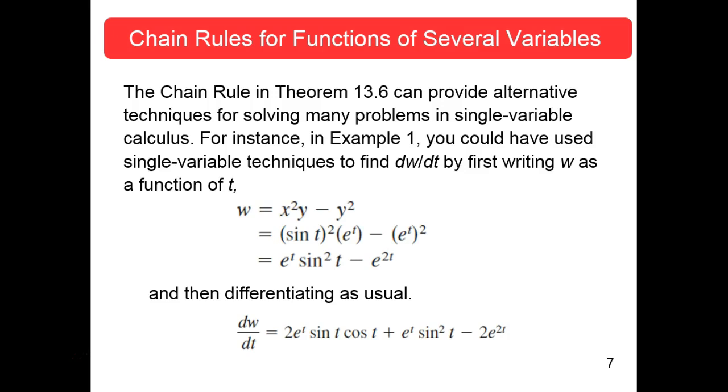So sometimes you can't, but sometimes you can write all of, for instance, this is w, a function of x and y, but x and y are both functions of t, so you can substitute in what your functions of t for x and y are, plug those in, and then do your dw/dt without having to go through the partial derivatives.